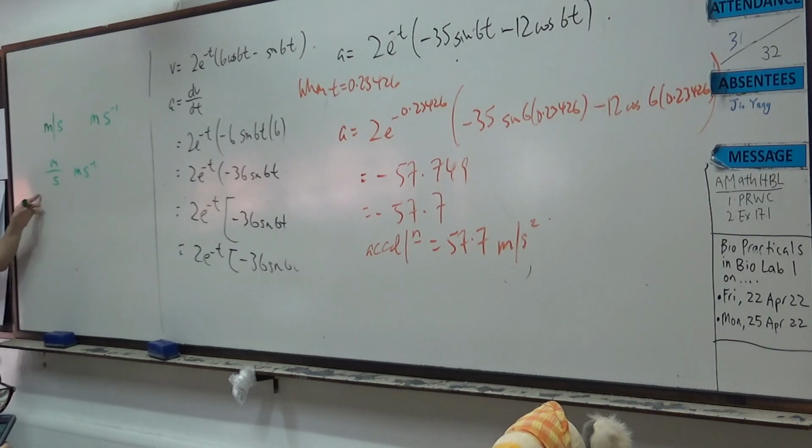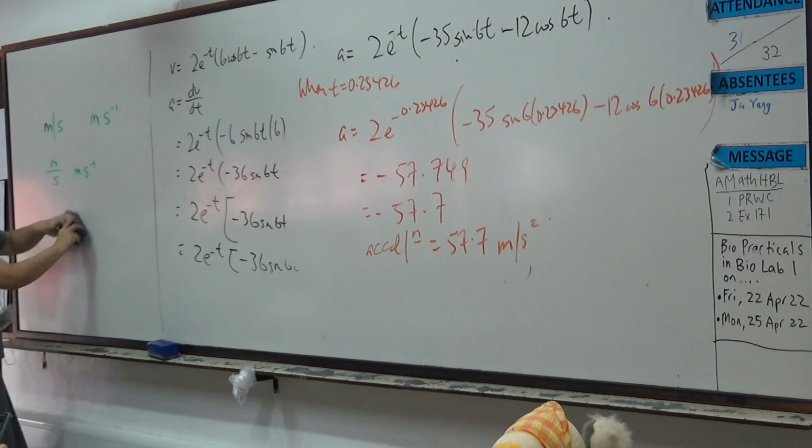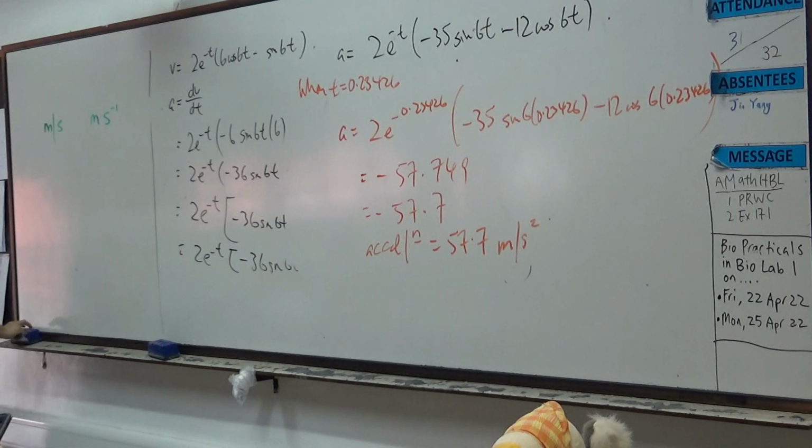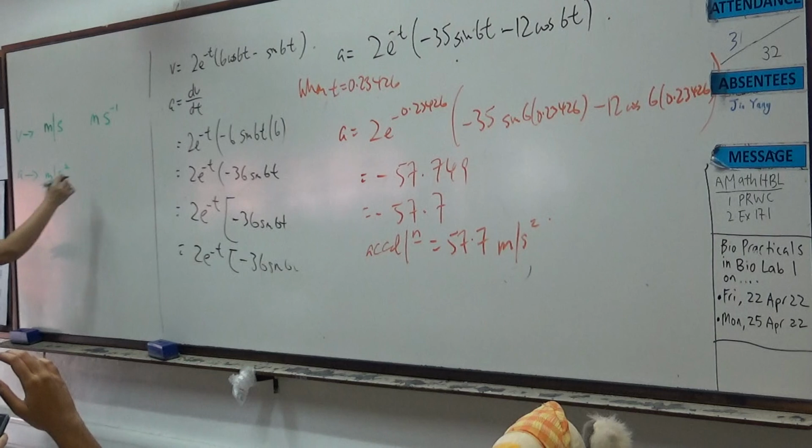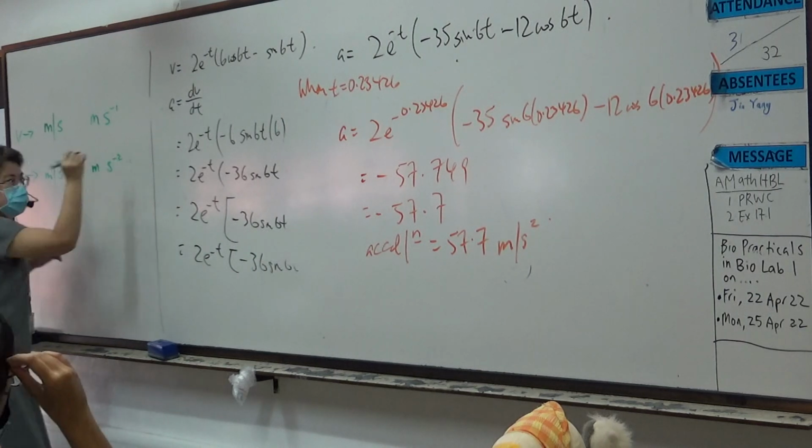Now, this is velocity. What about acceleration? It is meter per second squared, because it's the rate of change of velocity, velocity is meter per second. So again per second means two times. So actually I can write it as meter s minus 2 also.